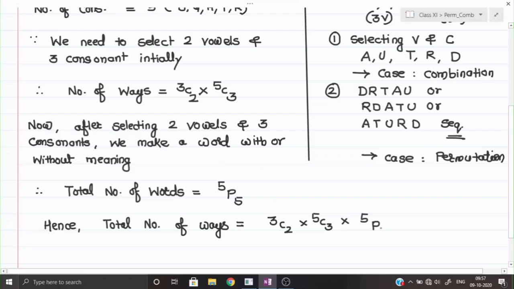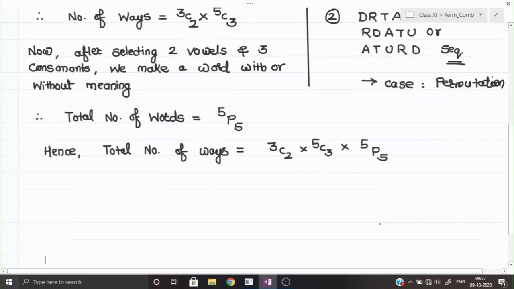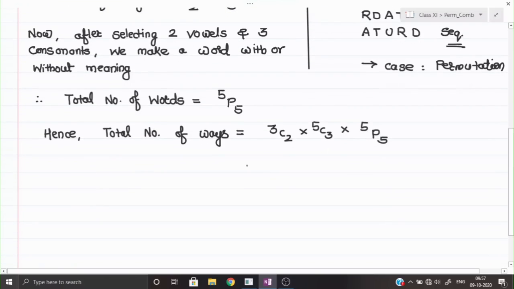Remember, only the formulas of nPr and nCr we are applying. 3C2, how can I write it? This can be factorial 3 upon factorial 2 into 1, then 5 into 4 into 3, we shall open 3 places, upon 3 into 2 into 1, and this can be written as factorial 5 upon factorial 5 minus 5, that will be factorial 0.